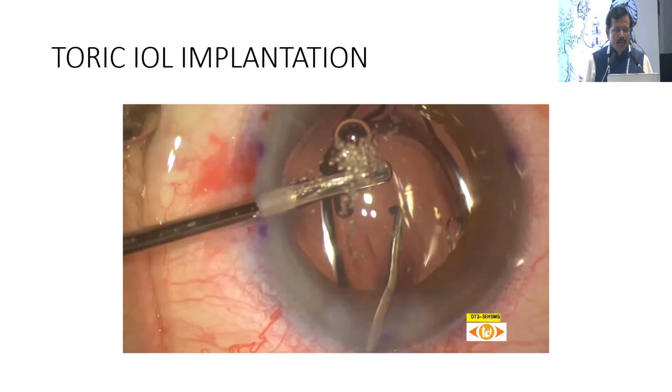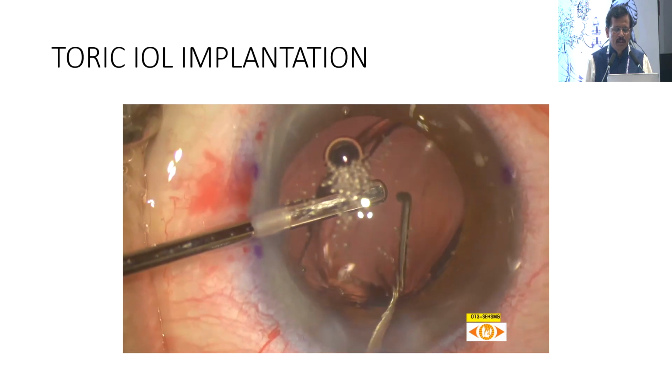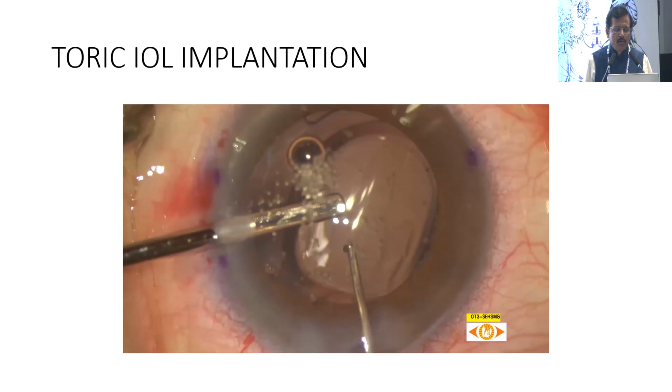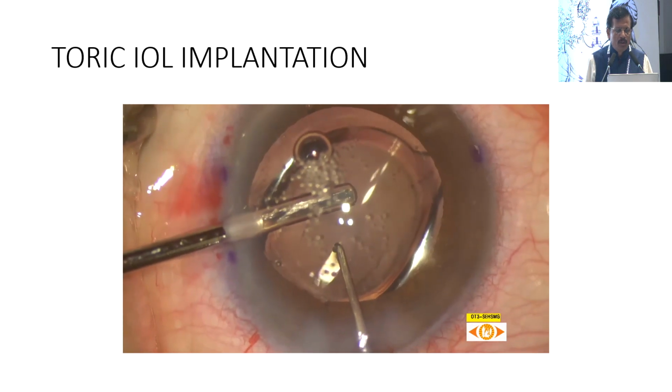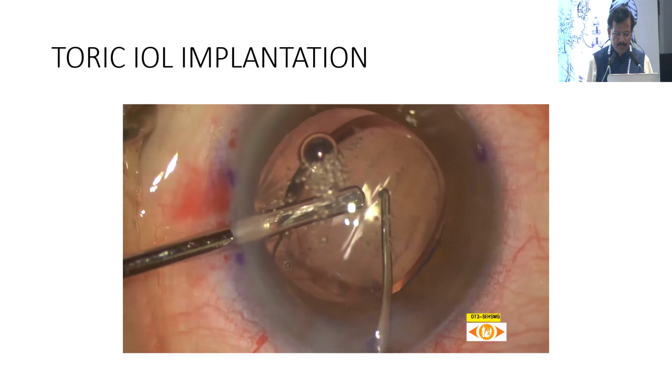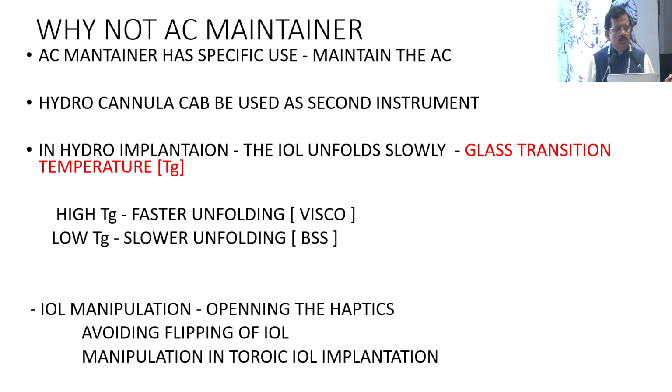One advantage is that it can be used as a second instrument, and the IOL can be manipulated with both the cannula and another instrument. Then why not use an AC maintainer? An AC maintainer has a specific function, that it maintains the anterior chamber, that's all. But the hydroimplantation cannula can be used as a second instrument.